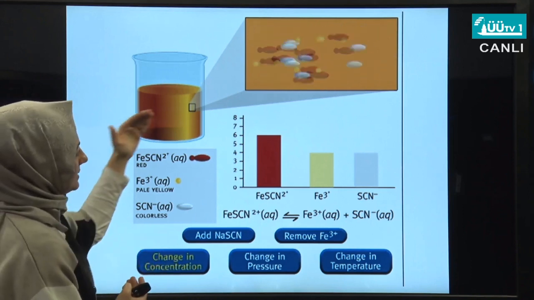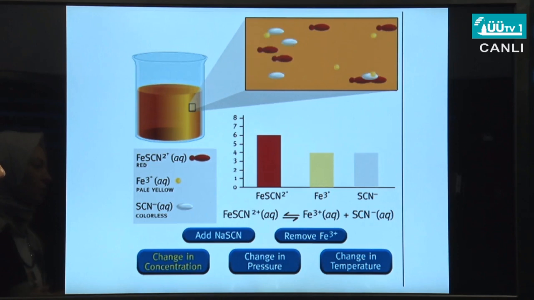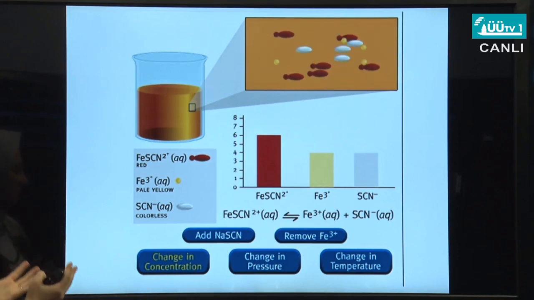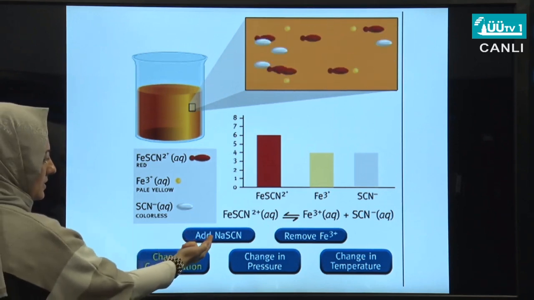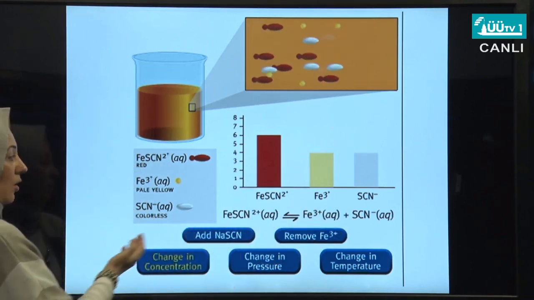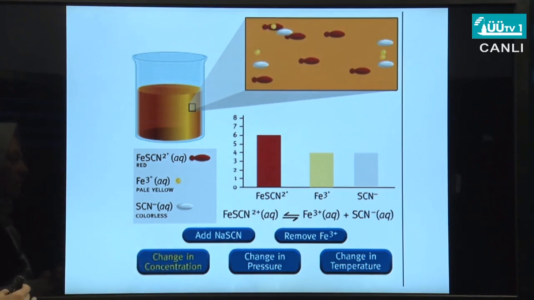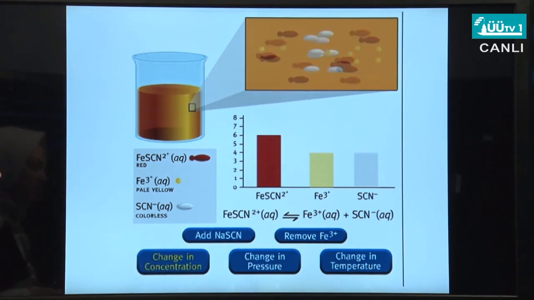Assume that at equilibrium you have the following concentrations of each of them. Now we are going to investigate what happens if you add more thiocyanate ion, or if you remove some iron(III) from the system that is at equilibrium.